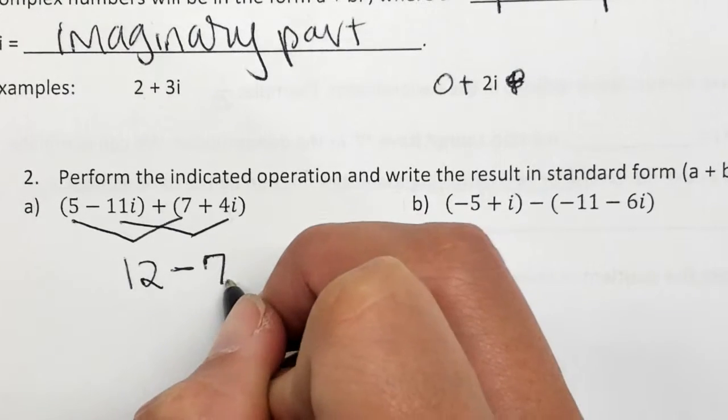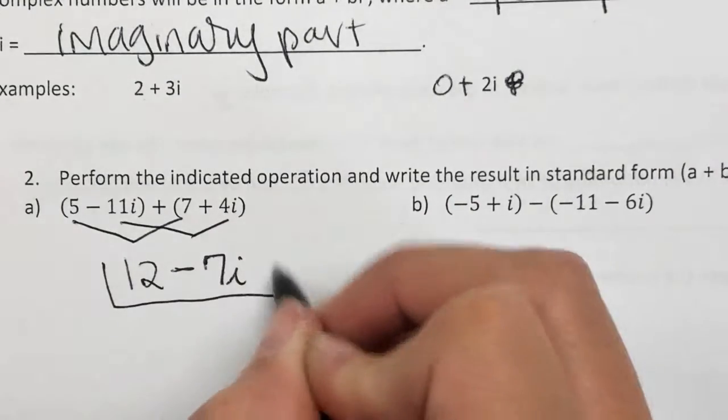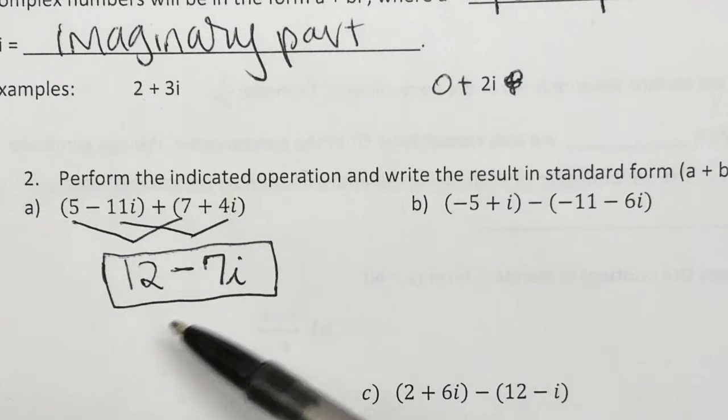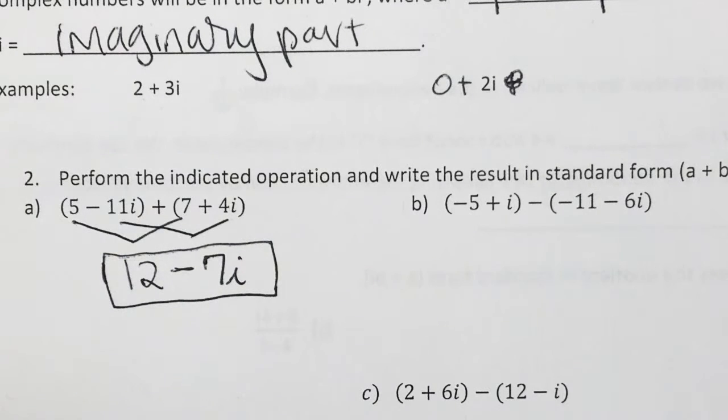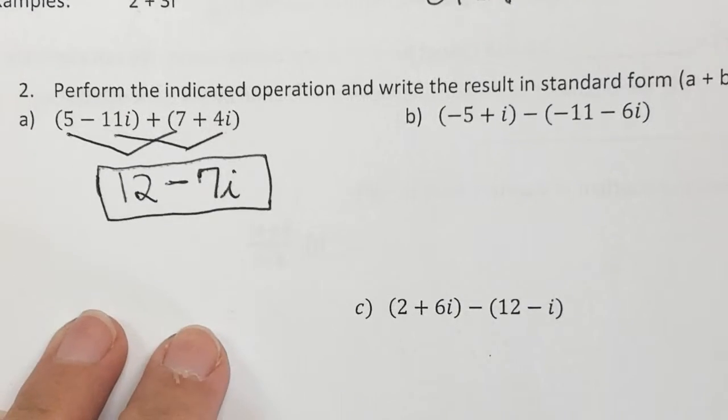Good. So you just combine the coefficient of the imaginary number and leave the i. And that's it. Super easy, right? So you're kind of simplifying. The only thing I ask is that you always write the real number first. So don't write like negative 7 plus 12, okay? Try B and C on your own.